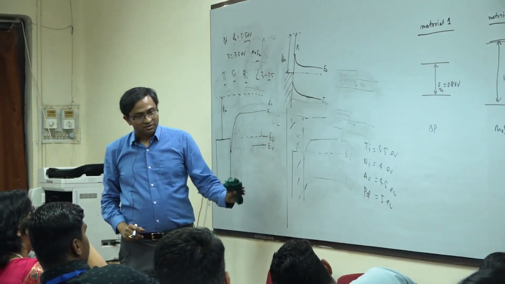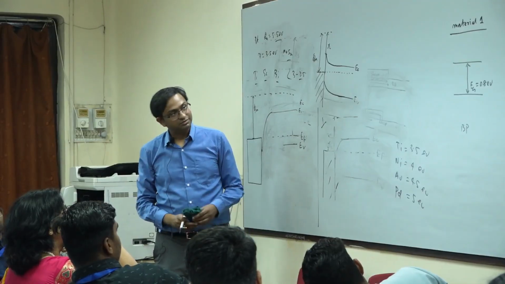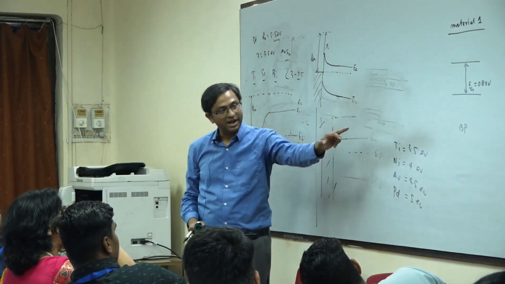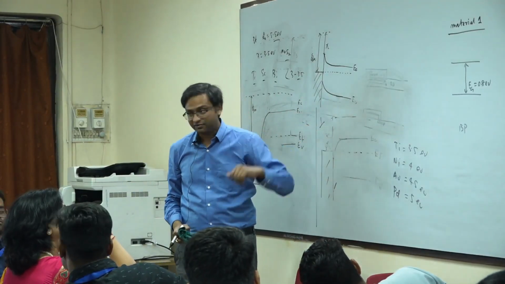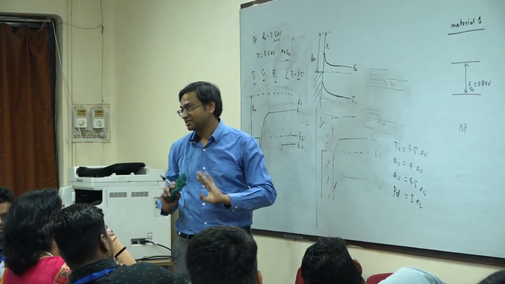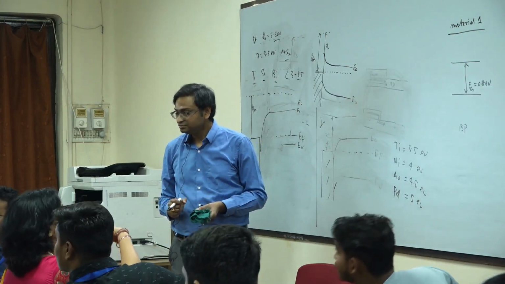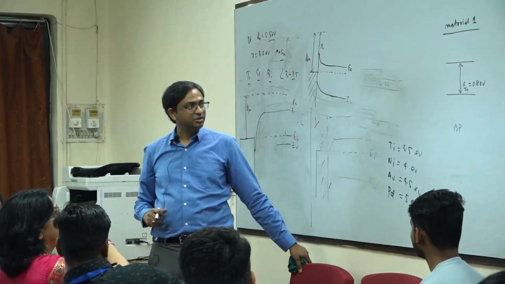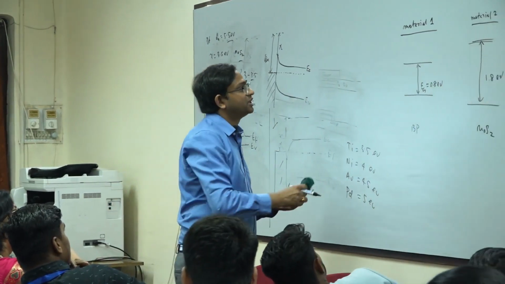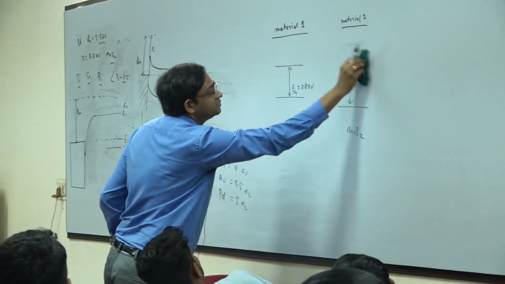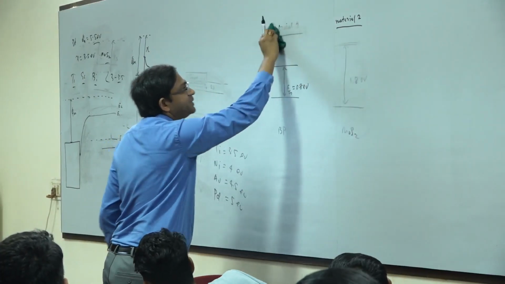This is one piece of information, and then I have drawn the band diagram for the black phosphorus and for MoS2. Let's say they are intrinsic. I have not doped them. The chi value I am also going to give you. Let me draw it with respect to the vacuum level.